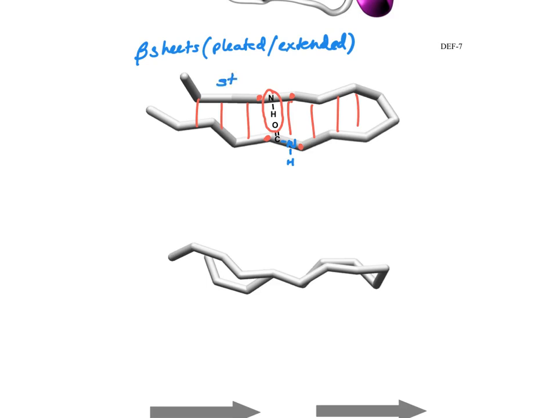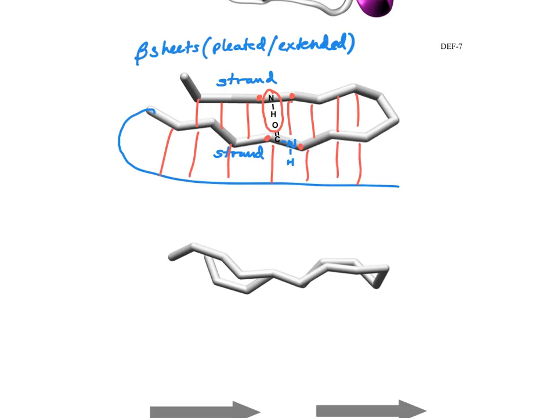Each peptide in a beta sheet is called a strand. So this beta sheet has two strands, but we could easily continue this on and do it again. And we could have more hydrogen bonds and have a third strand that continues on like this.